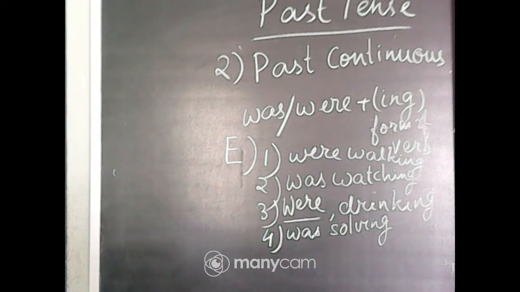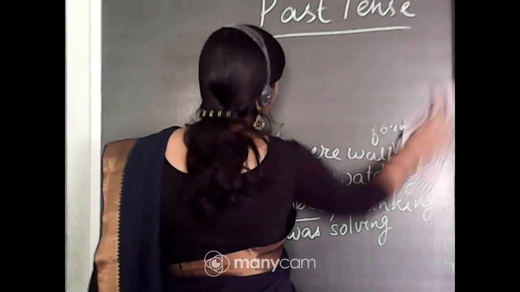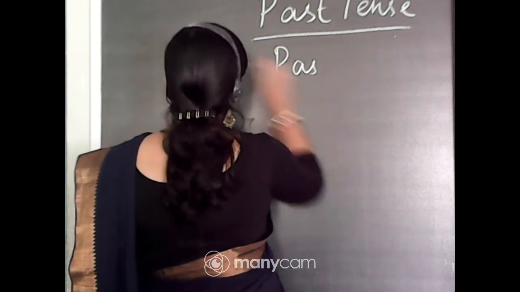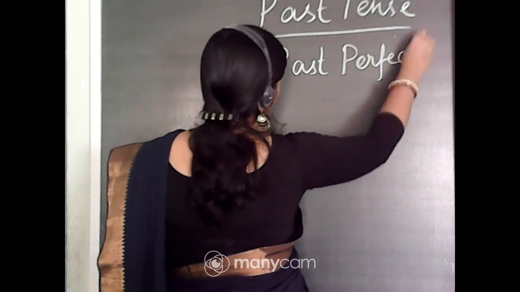Come to past perfect tense. The form of the past perfect tense is, this is the third form of past tense, past perfect tense.